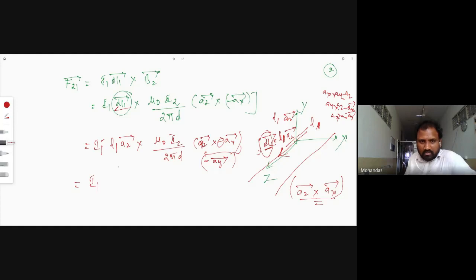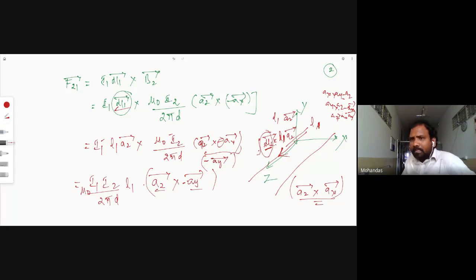So I1, I2, mu naught, L1 by 2 pi d, Az cross, what remains here? Ay, but it is a minus. Now tell me, what is the Az cross Ay? Minus Ax.